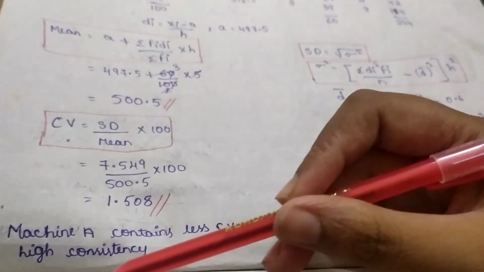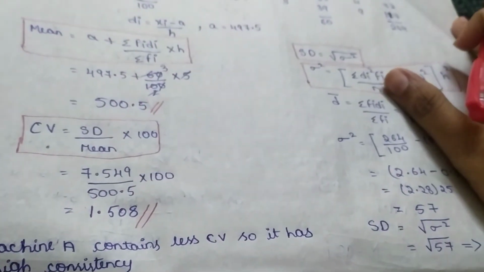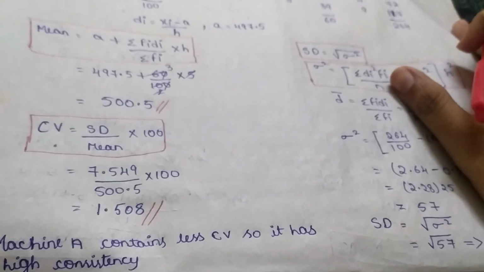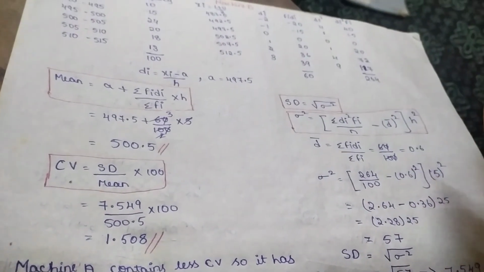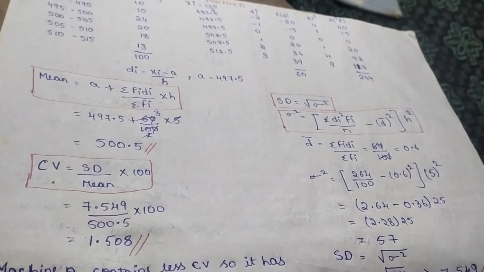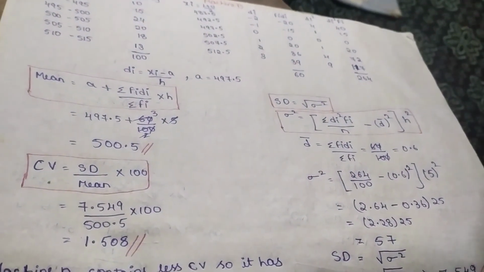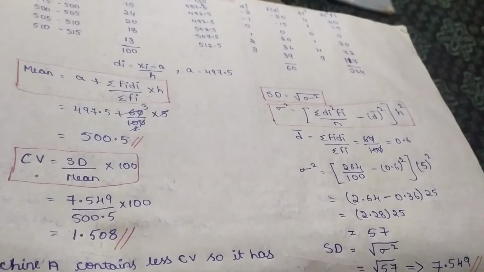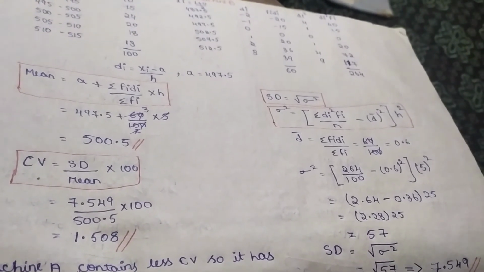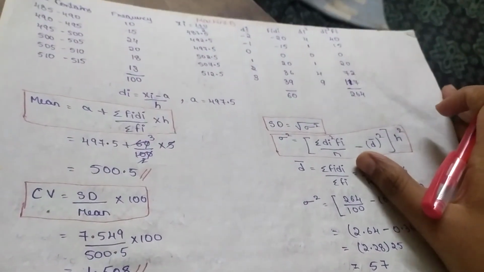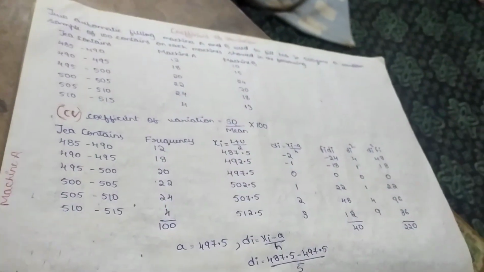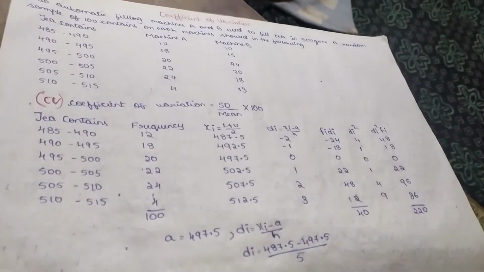Here in machine A we got 1.4, so it contains less CV, so it has high consistency. To know the consistency, we calculate CV. If we get less CV, then it has high consistency. If it has high CV, then it has less consistency. For that purpose, we use this coefficient of variation.